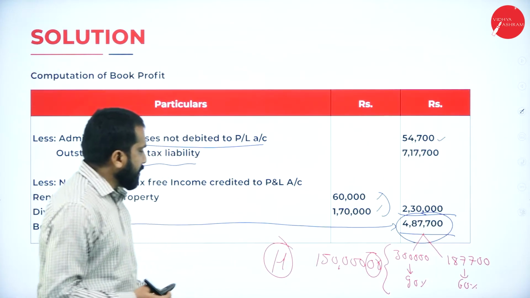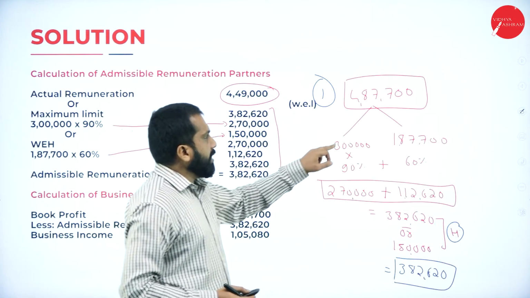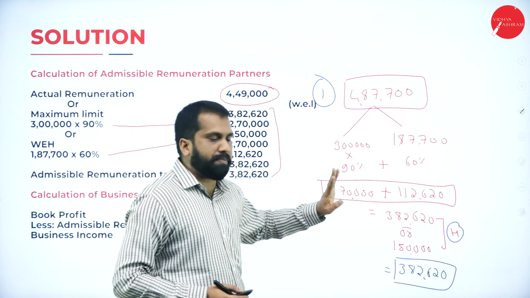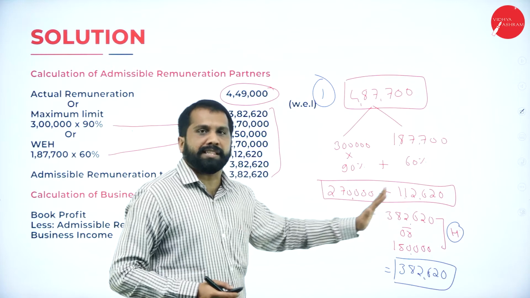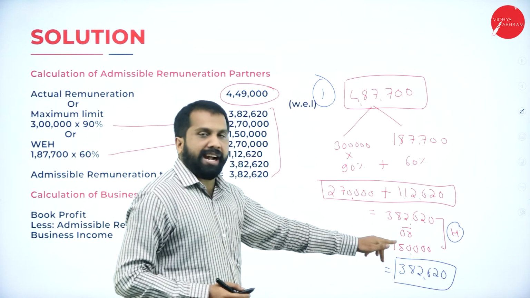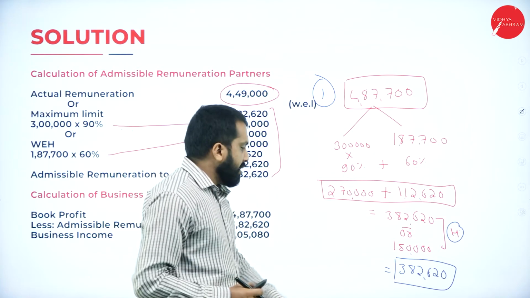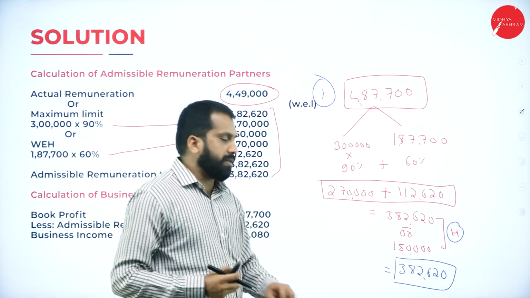What we did, we have taken this book profit, calculated 90%, calculated 60%. If you add both, you got 3,82,620. Compare with the standard limit 1,50,000, whichever is higher. 3,82,620 is higher. What is the second step?